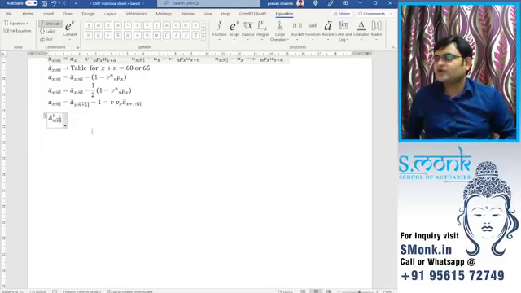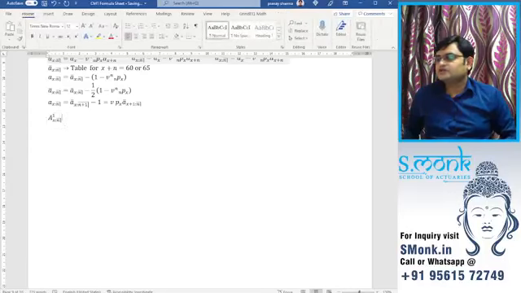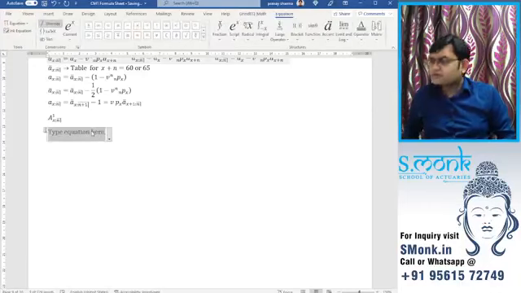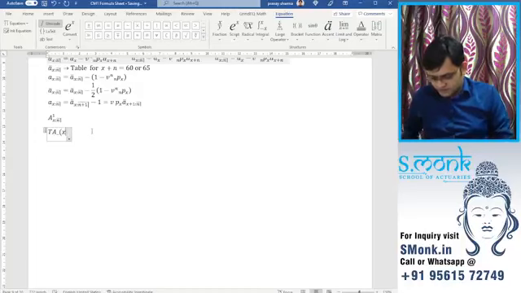If I want to write pure endowment, I will just put a space and make it above n. But in the examination, don't do that. In the examination, for writing term assurance, just write TA. So here we'll say TA under root of bracket x.